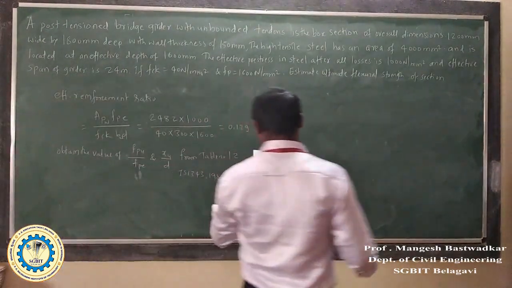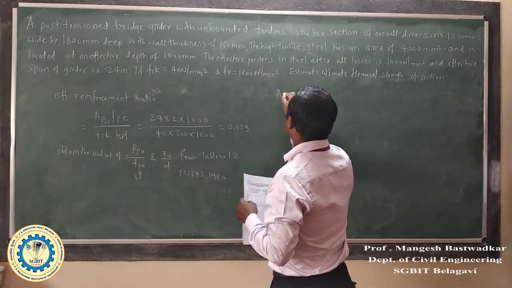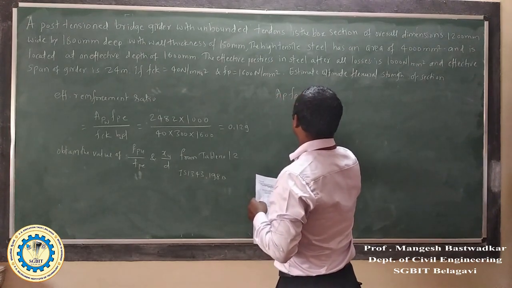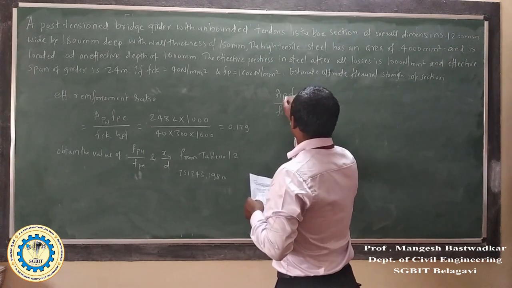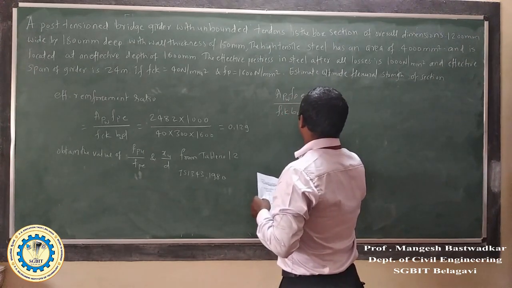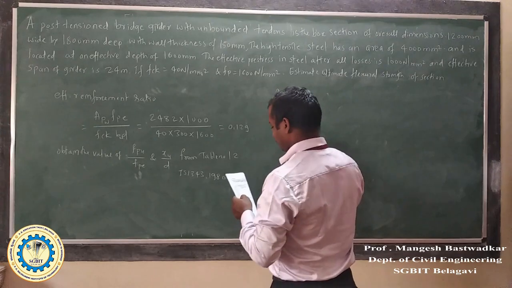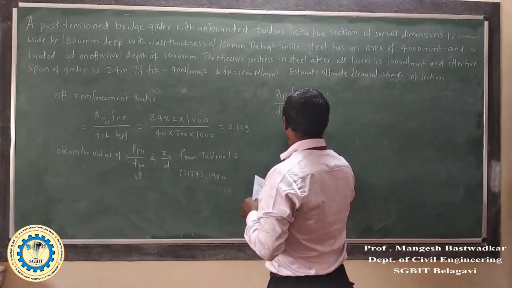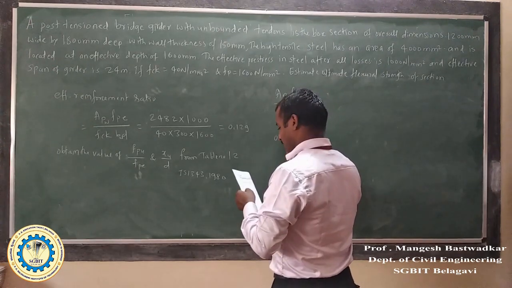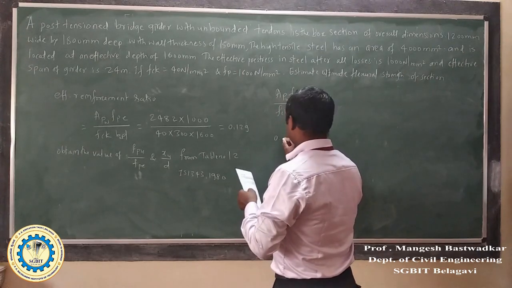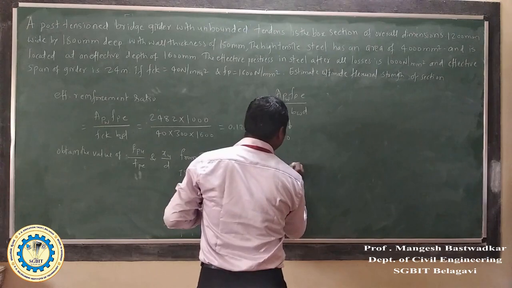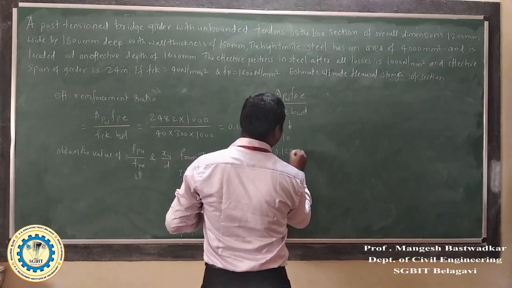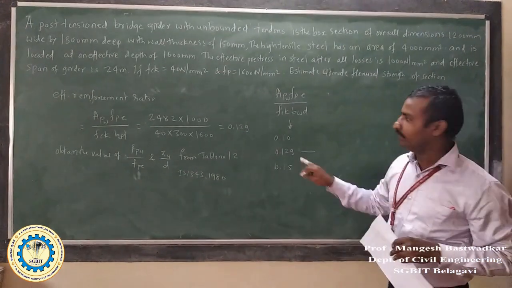So for effective reinforcement ratio, fp divided by fck, bwd, this is for 0.10 and for 0.15. For 0.129 we have to obtain the value.